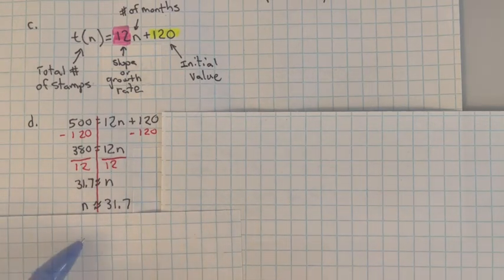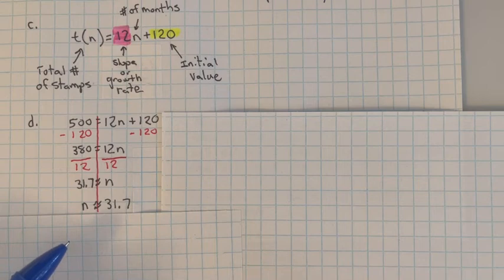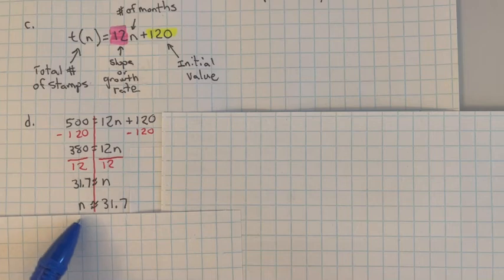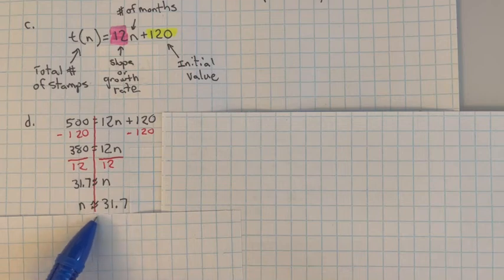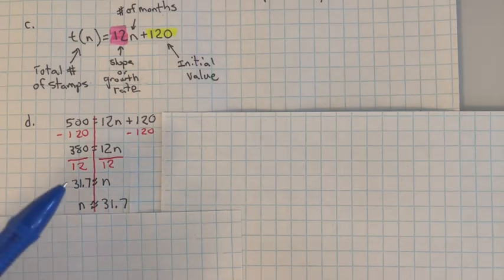The second part of D says, when will Lona be able to fill her book exactly with no stamps remaining? So it'll take her 31.7 months to collect 500 stamps. For part 2, will Lona be able to fill her book exactly with no stamps remaining?